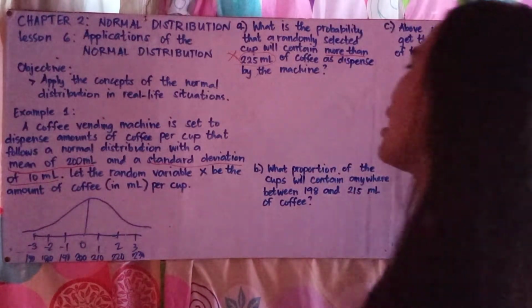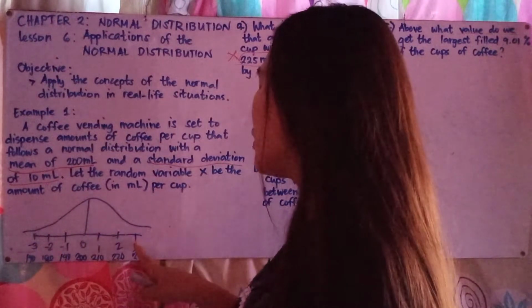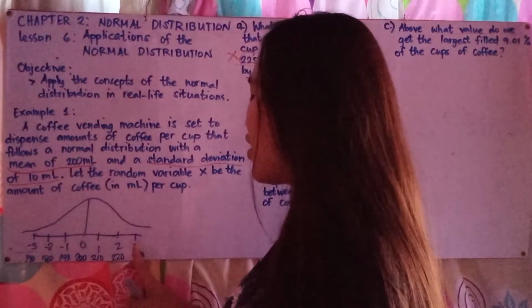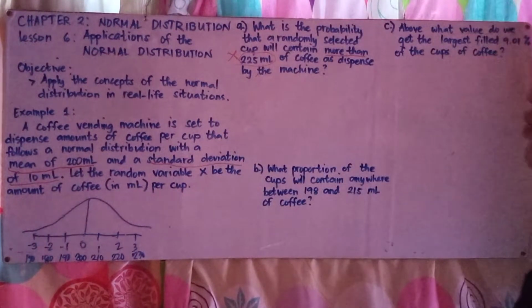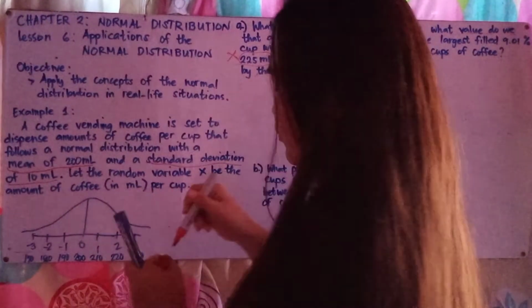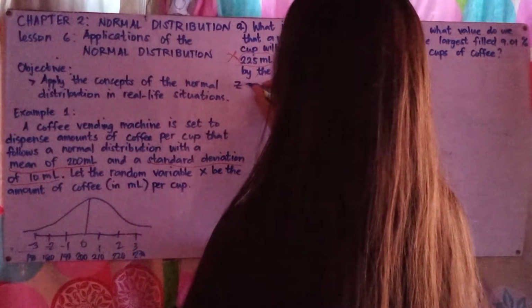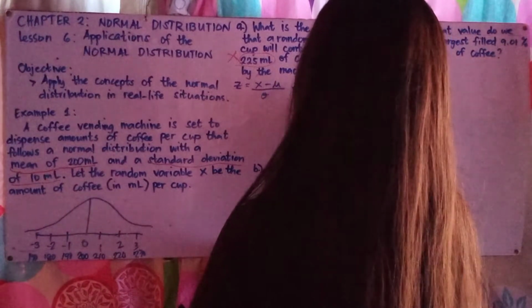Since 225 ml does not fall exactly on a standard z-score on our standard curve, we will use the formula for z. The formula for z is x minus the mean over the standard deviation.